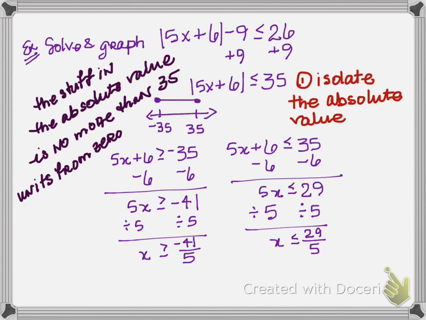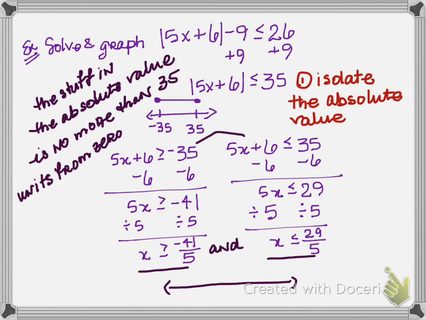Notice again how I split it up into two different pieces. I remembered that the stuff in the absolute value is no more than 35 units from 0. I got two very different answers here. And we know that x is greater than or equal to negative 41 over 5. I used the wrong word there.